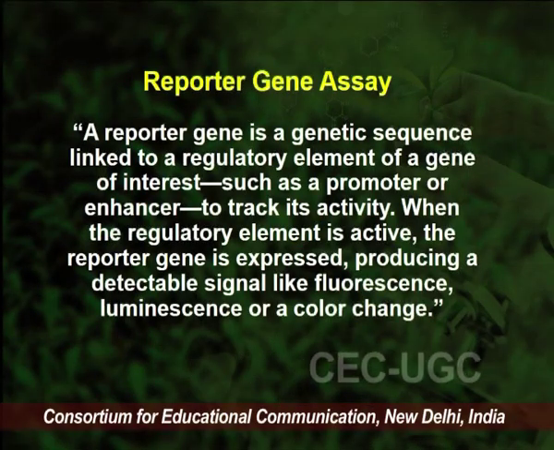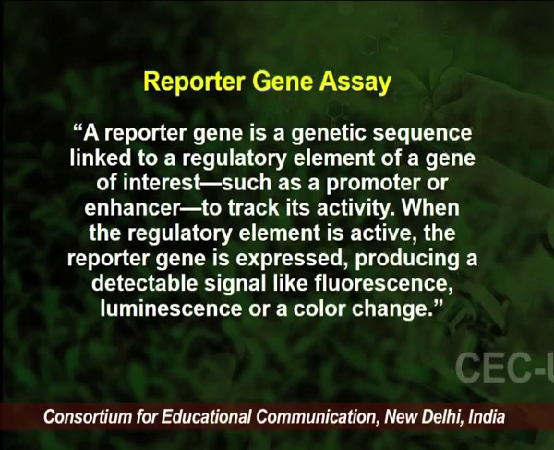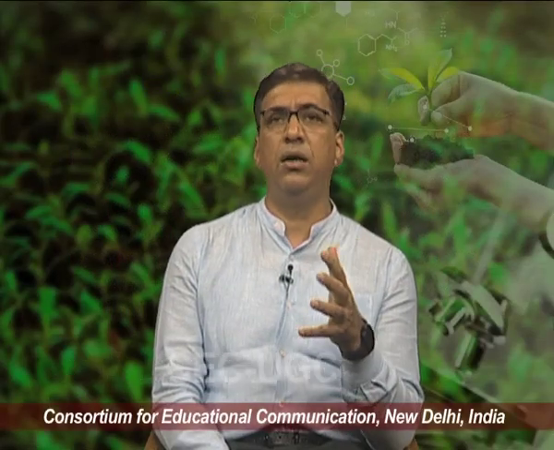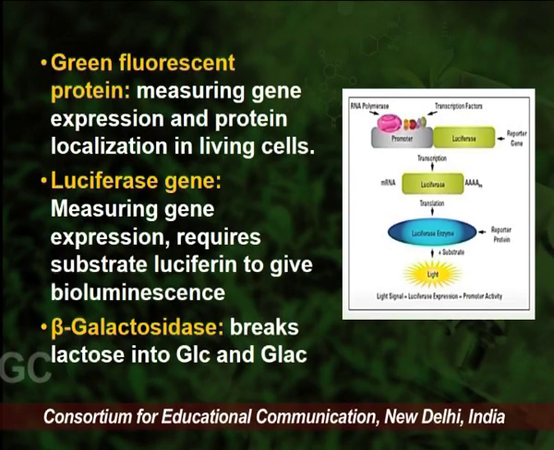When the regulatory element is active, the reporter gene is expressed, producing a detectable signal like fluorescence, luminescence, or a change in color. There are three most widely used protein molecules in reporter gene assays: green fluorescent protein, luciferase gene, and beta galactosidase gene.